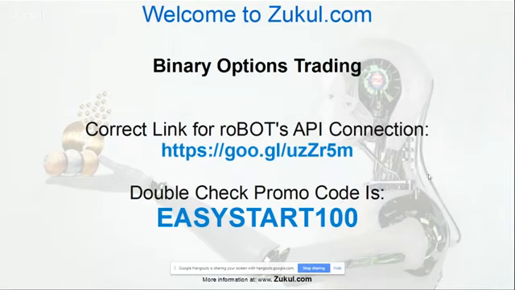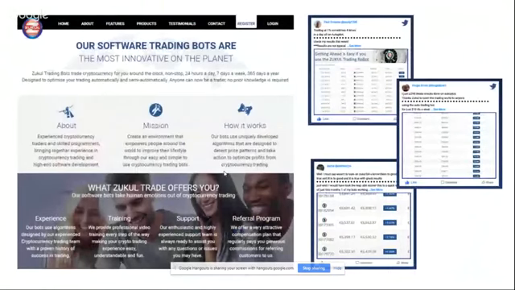All right. Okay, so for those of you looking at Zukul for the first time, who are we? Well, you can find more information at zukul.com. This is just a bit of our website. Basically, what we do is we're creating trading bots, helping people trade financially using crypto trading bots.